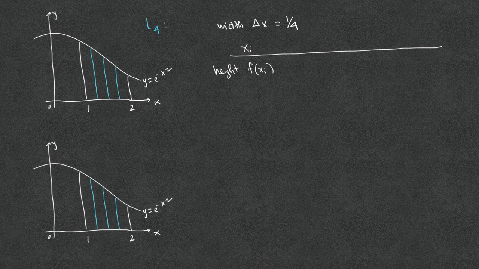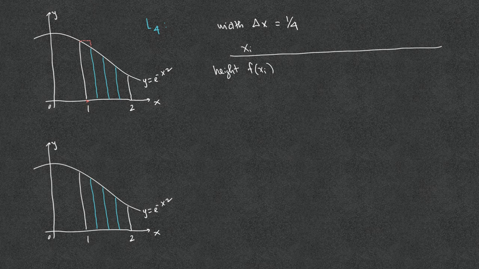By the left sum, we mean to use the left endpoint of each subinterval to determine the height of the rectangle. Thus, from 1 to 5 over 4, we use the left endpoint 1, go up to the graph to obtain the height. We use that height to draw the rectangle.